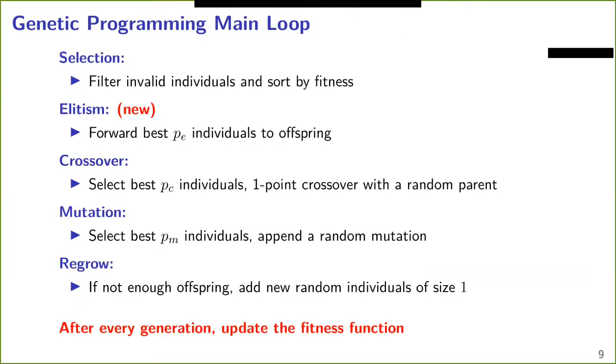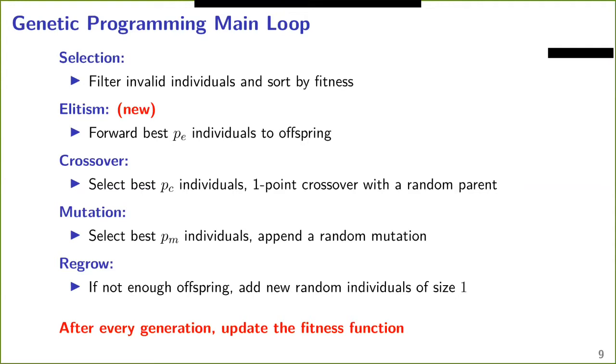So the main loop of genetic programming for GI is as described there. First, for selection, we'll select all individuals, filter invalid ones, and then sort all valid individuals by fitness. For elitism, so only for GPE, we will take the best PE, or 10% individuals, and simply add them to the offspring.